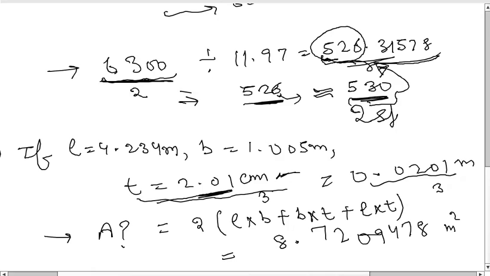Here we have 4 significant figures, here also 4, but here we have 3. So our answer cannot be more than 3 significant figures. So it will be 8.72 meters square. If it would have been say 8.727, then what would we have written? 8.73 meters square. Understood, everyone?